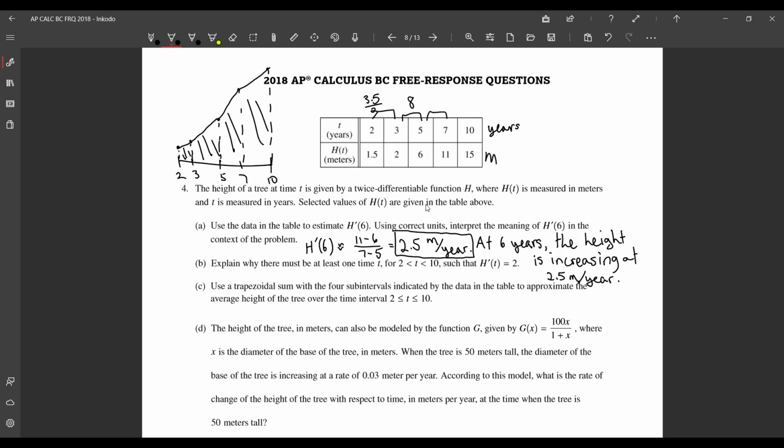Then here, the average is 17 halves, times the change in t. And then here, the average between 11 and 15 is 13, times the change in t is 3, so 39.